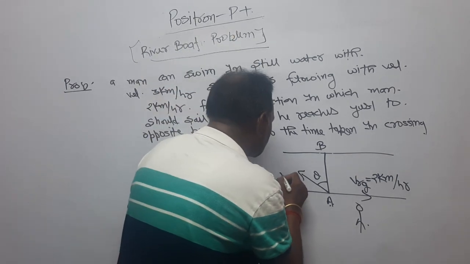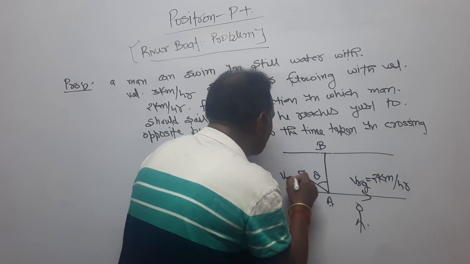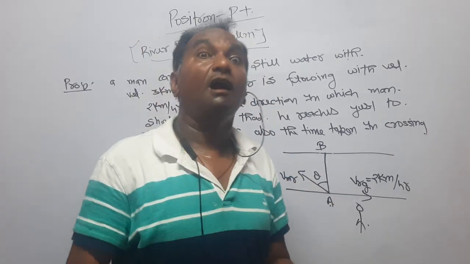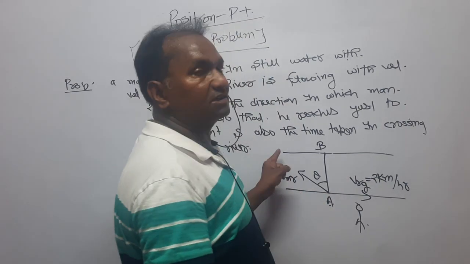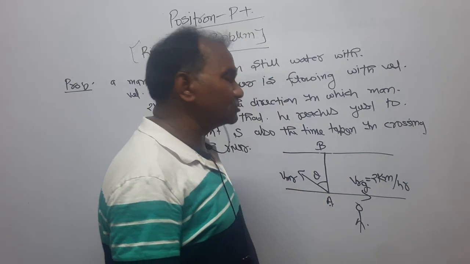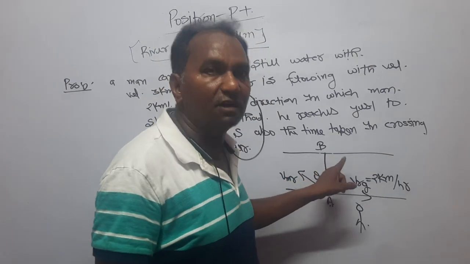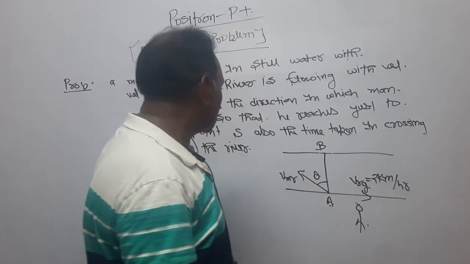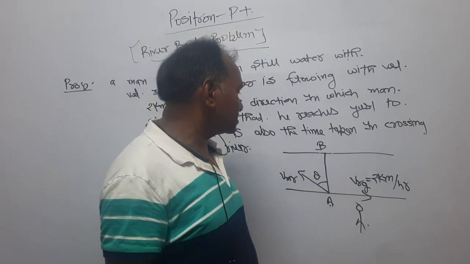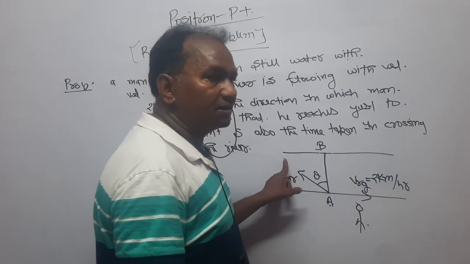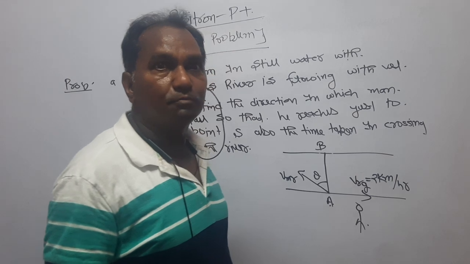This is the velocity of man with respect to river. Man sails in the river in this direction, and then he will reach point B, with angle theta from the vertical.